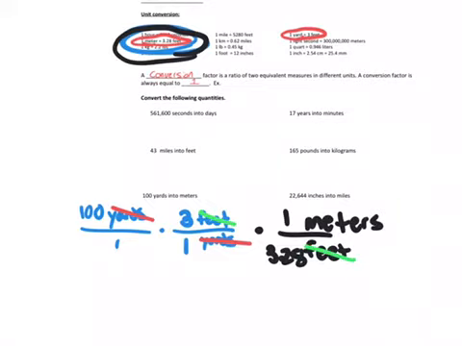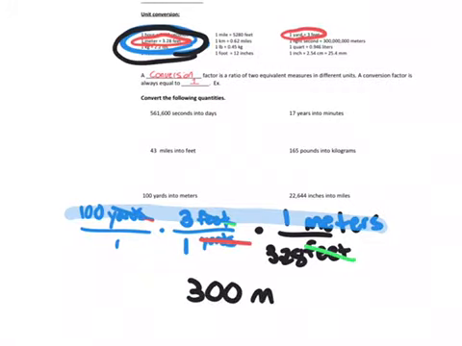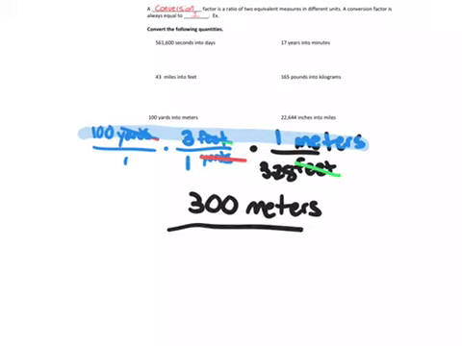Now I just need to take care of the multiplication, which you can do on the calculator. On the top, I have 100 times 3 times 1 to get 300. There are no units left over in the denominator when I multiply straight across. I've got 1 times 1 times 3.28.